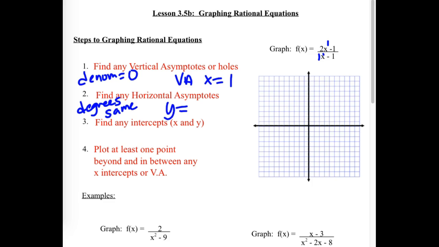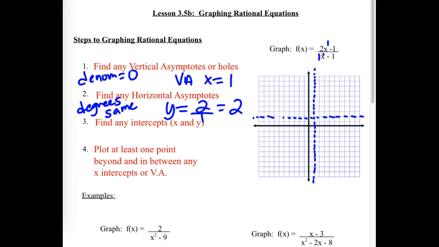So y equals 2 over 1, or just y equals 2. All right, let's go ahead and graph that. We have a vertical one at x equals 1. And we have a horizontal at y equals 2.